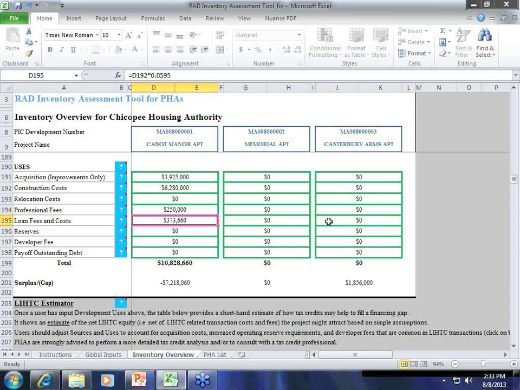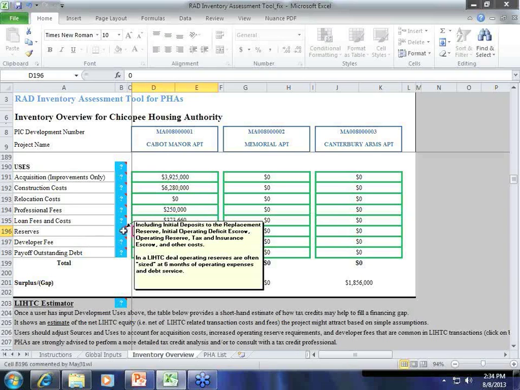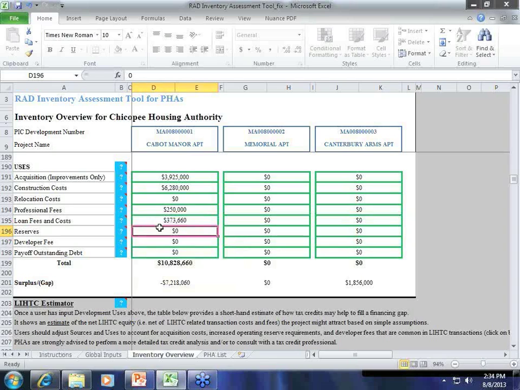Then we go down to reserves. And the formula for reserves that's pretty much universally accepted in the affordable housing industry is that you need to have 6 months of operating expenses and debt service as a reserve. Okay, so that formula is going to be, you're going to do equals and then parens G25 plus G30, close the parens, divided by 2.